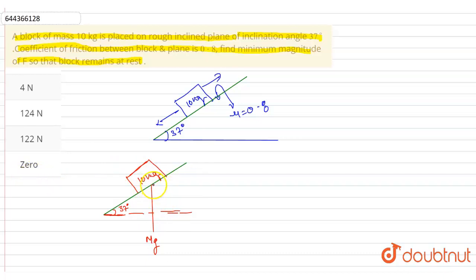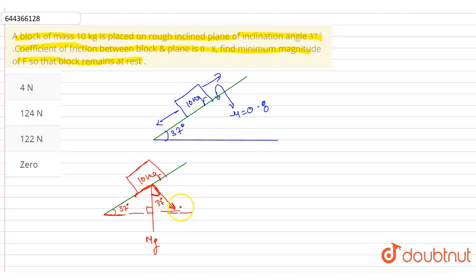So along the plane we have to find this angle. So this angle is equal to 37 degree. Why? For that you can see here, if this angle is 37 degree, then this angle is 90, then this angle is 53. Now if you see this point, the complete angle is 90 degree, and this angle is 53. So because of that, this angle is 37 degree.